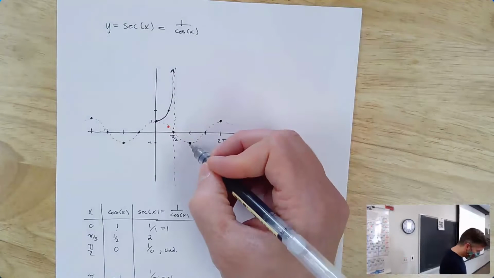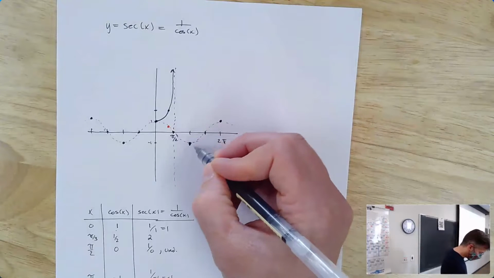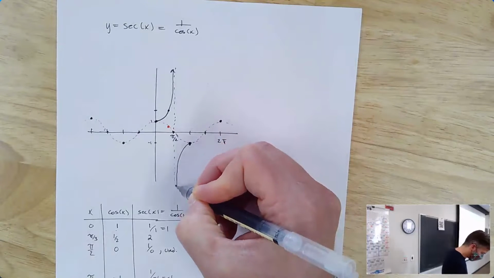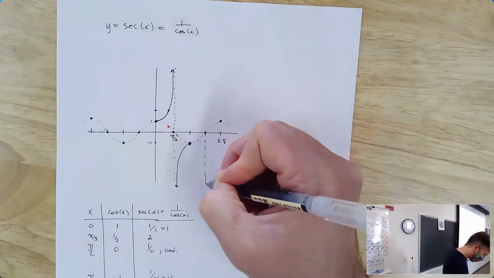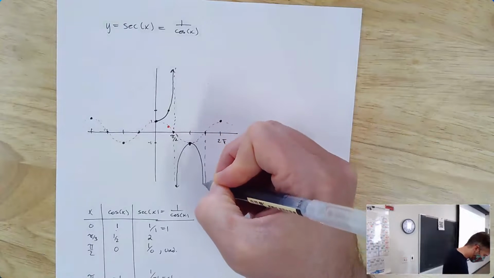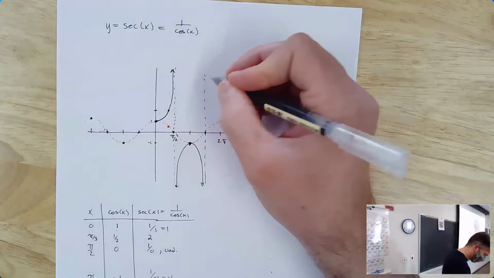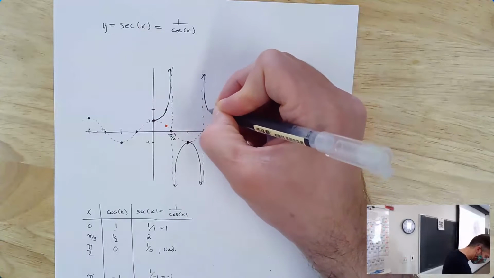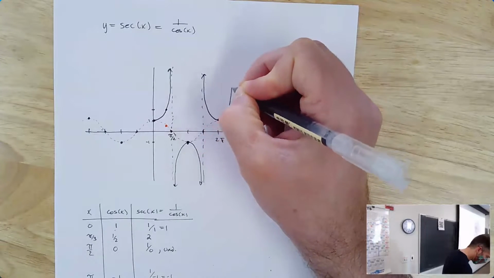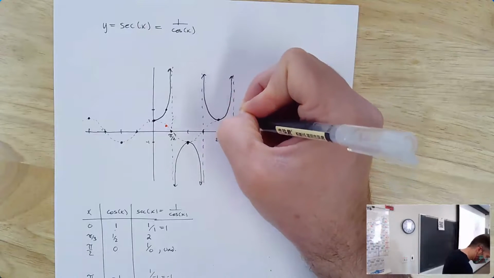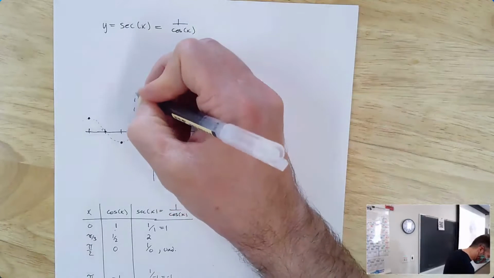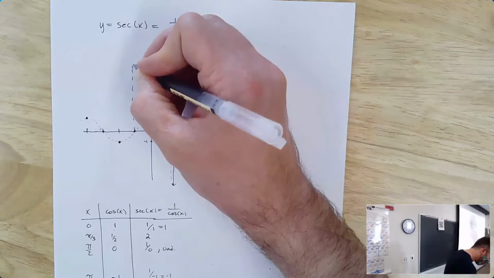But as cosine moves towards 0, secant moves away from it. And it just keeps doing this. And same thing to the left. There's a vertical asymptote here, looks like that.